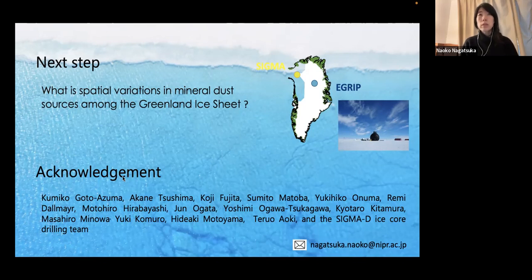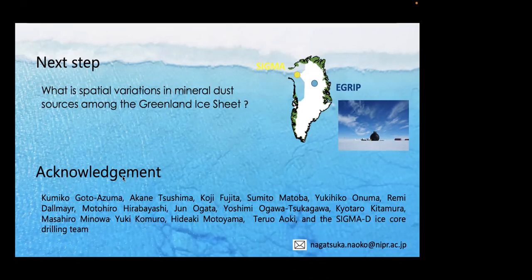So I think this difference was caused by a different pattern of atmospheric transport. The air mass at SIGMA came from the west, but that of East Grip probably came from the south or east.